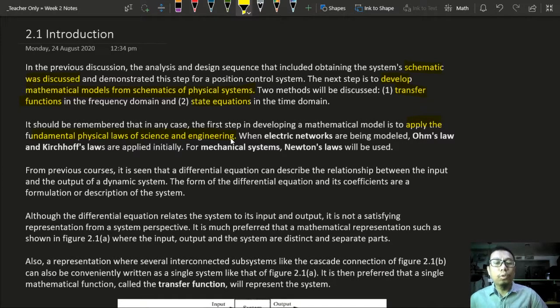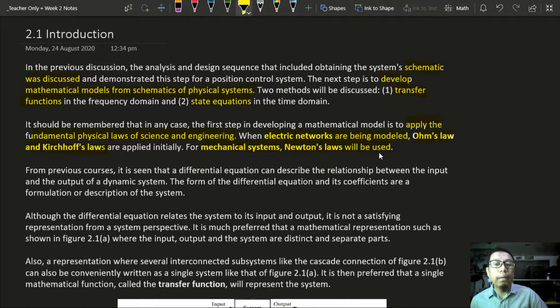Okay. So, kung electrical networks yung pinag-uusapan, we use Ohm's law and Kirchhoff's law. Okay. For mechanical systems, gumagamit tayo ng Newton's law of motion. Okay. So, that would be the first step.